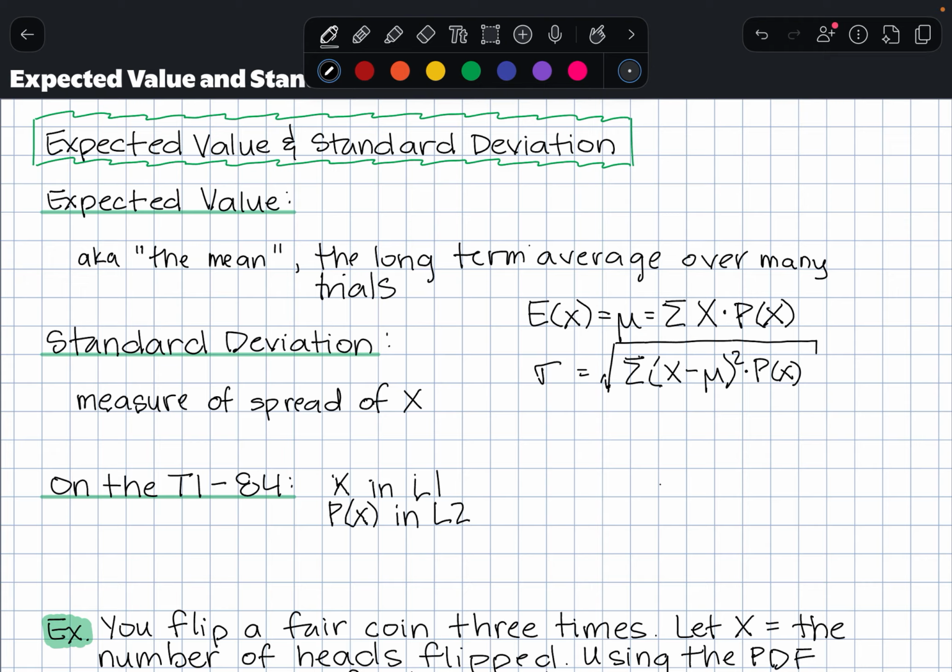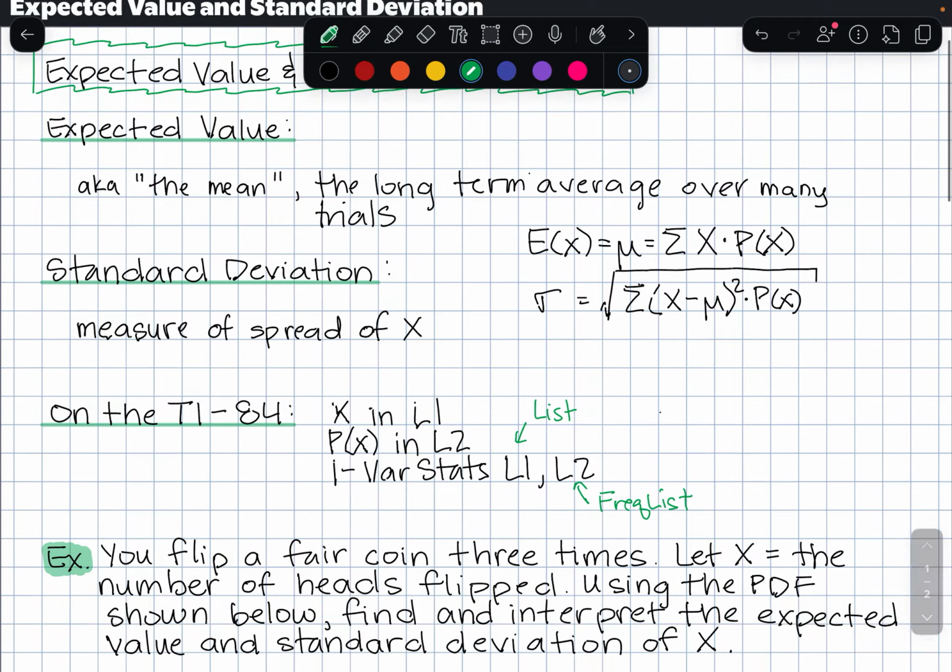And then you are going to run 1-Var Stats on list 1, list 2. So when you pull up 1-Var Stats, that's the list. This is the frequency list. We're going to do an example with the calculator so you can see how this works, and then I'll set you free to try some on your own.